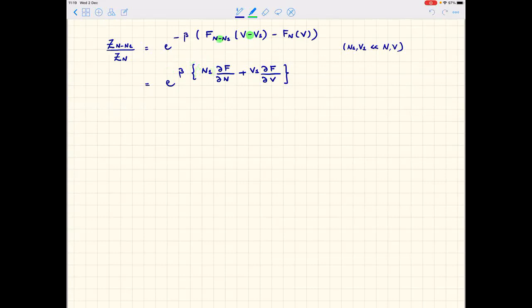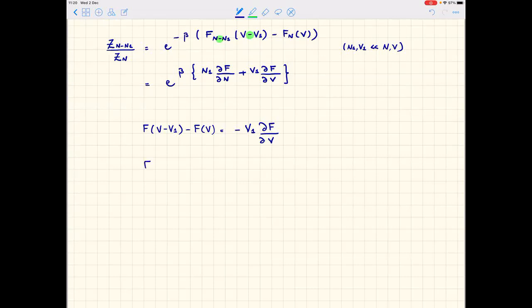So look, let's do it for F of V minus V1 minus F of V. So this is equal to minus V1 dF/dV, right? Yeah.